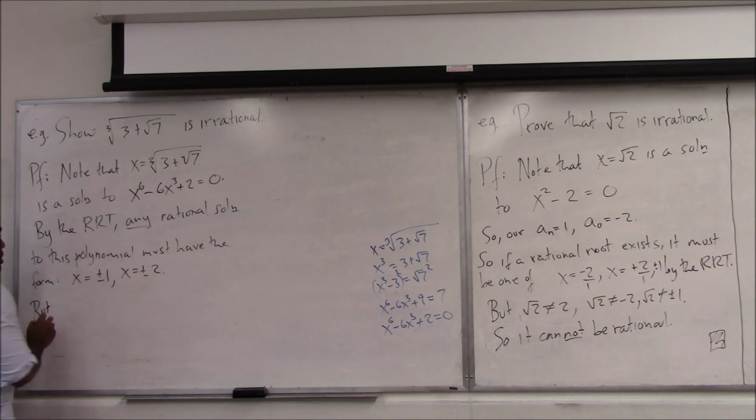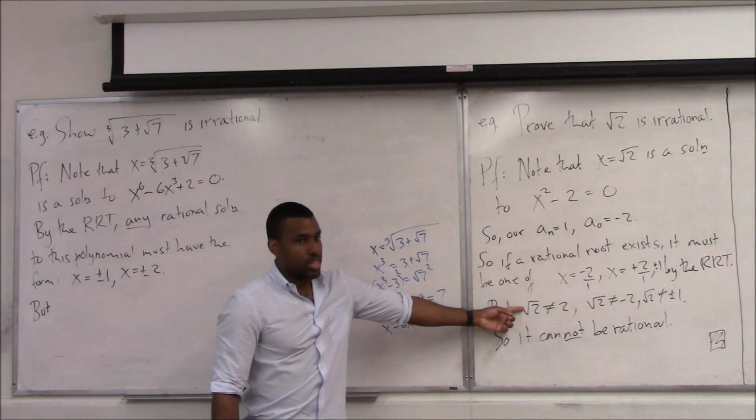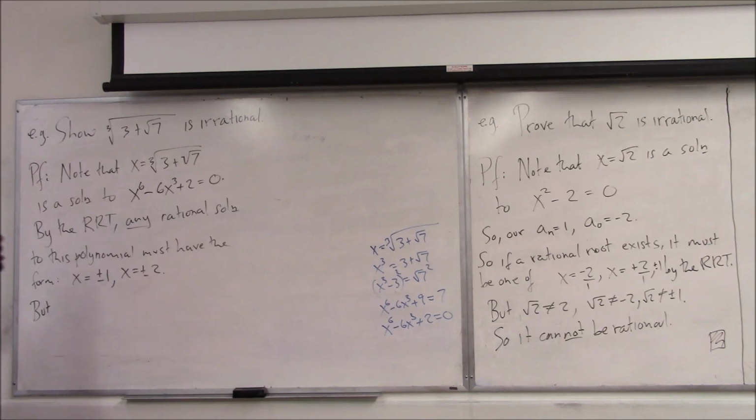But now here's the thing. This one is kind of tricky, right? Because this part is not exactly clear, right? So I can't just say, oh, well, that's definitely not this and that's definitely not this. You might be tempted to say that. But that's complicated enough for you to not be sure.